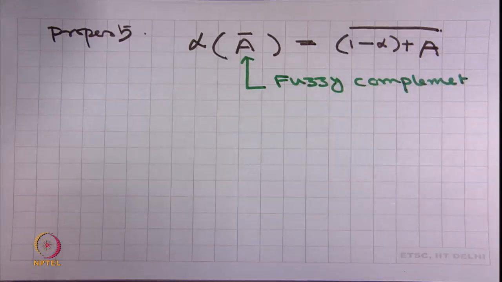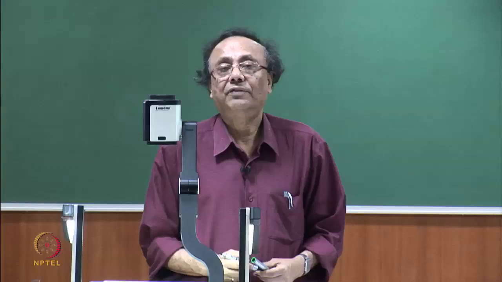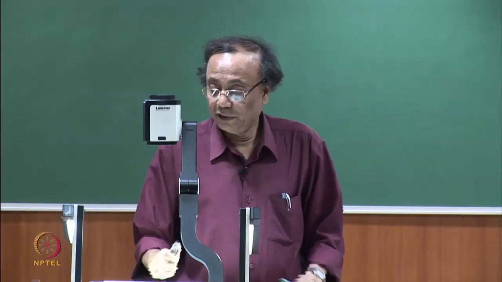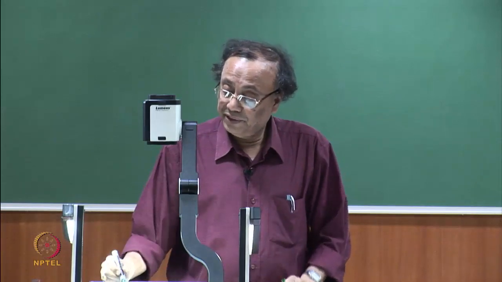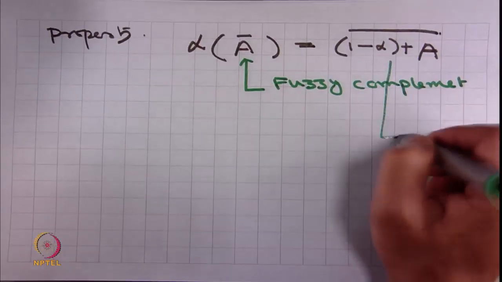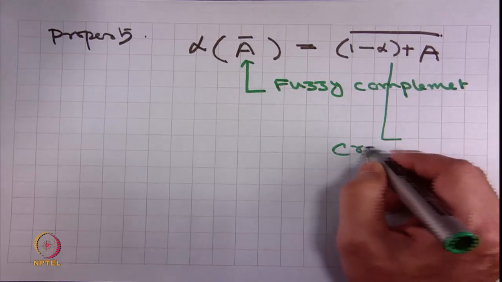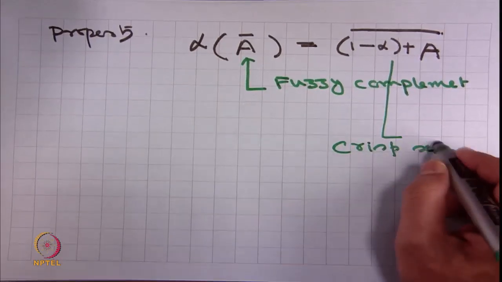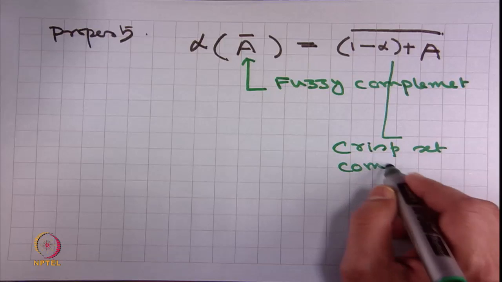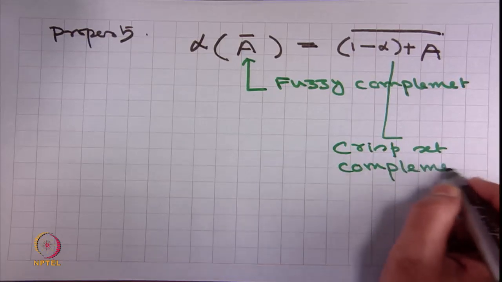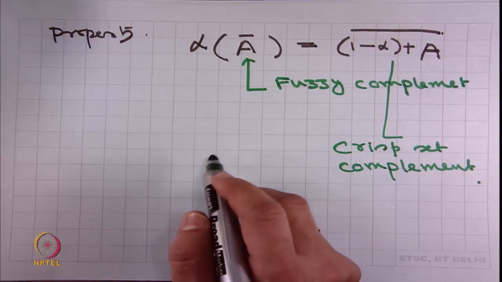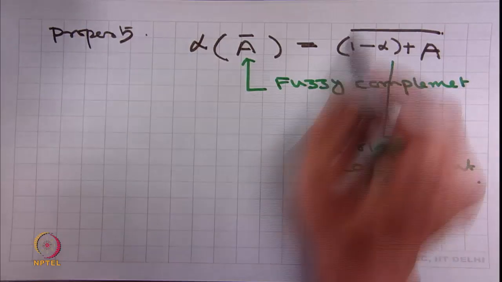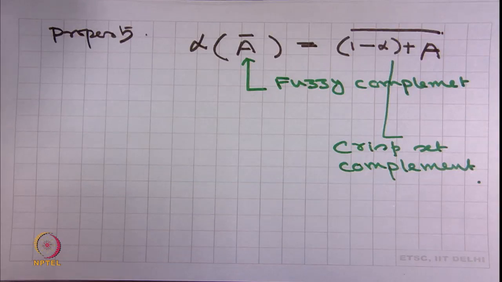A is a fuzzy set, I am looking at its fuzzy complement, and then I am looking at alpha cut of that. But this is a crisp set complement, one minus alpha plus cut of A is a crisp set, and I am looking at its complementation. So, you have to remember this.